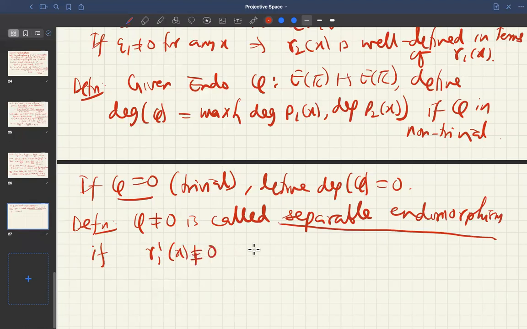So if the derivative of the rational function R1 dash is not identically 0, then phi is called a separable endomorphism.